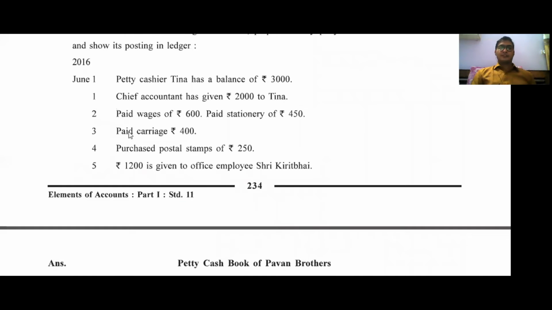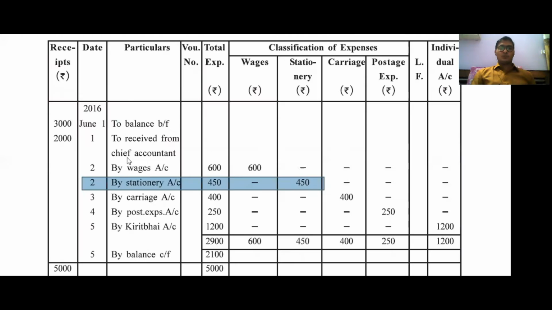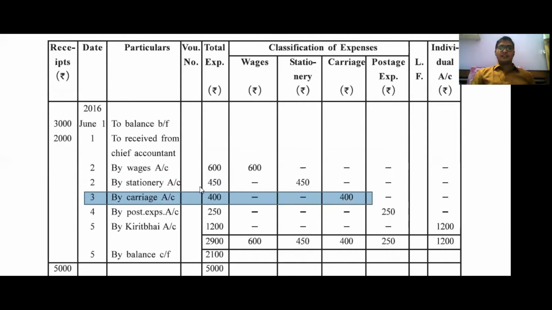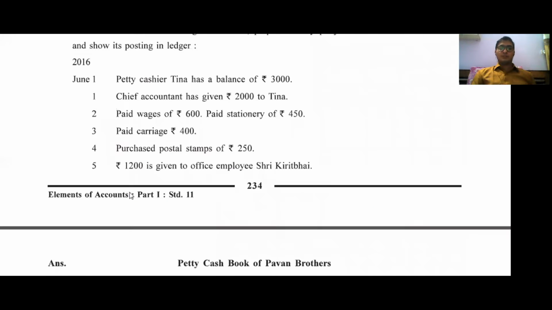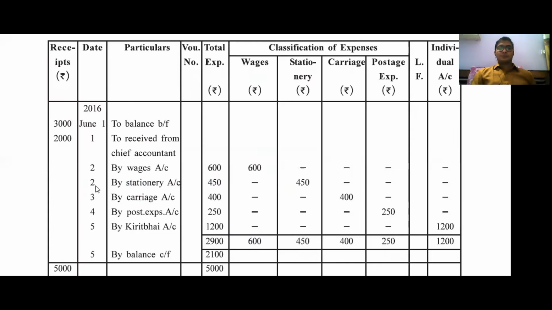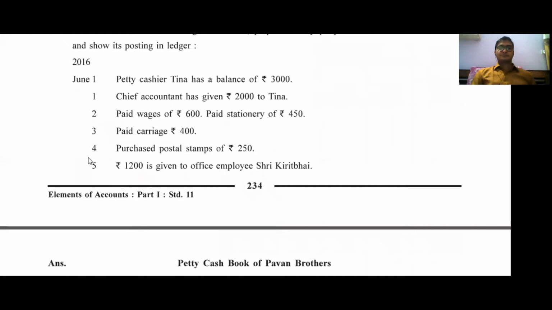Paid carriage 400, so in the carriage column 400 as well as the total column 400. Purchased postal stamps of 250. So in the postage expense account as well as the total column, date 4.